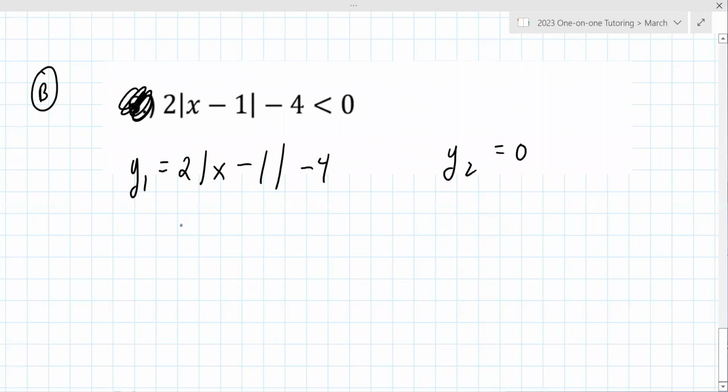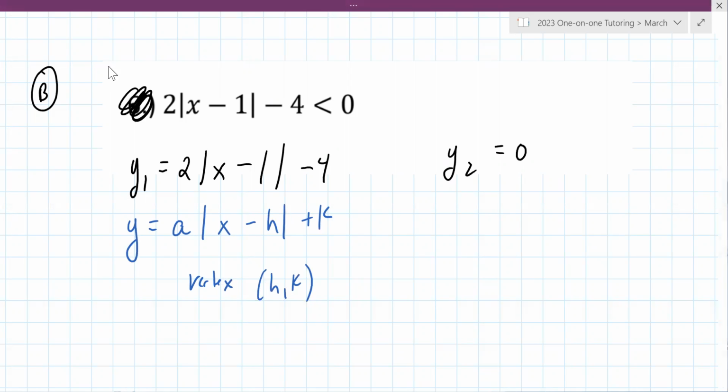So your standard form of an absolute value, I'm writing down so that you can see that the vertex is h comma k. You have to be able to find the vertex in this problem for your graph.